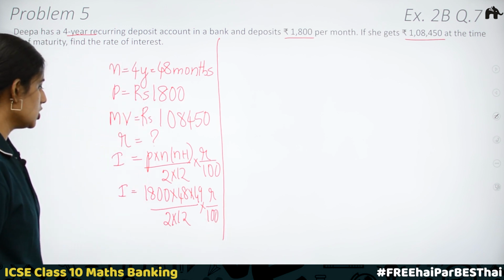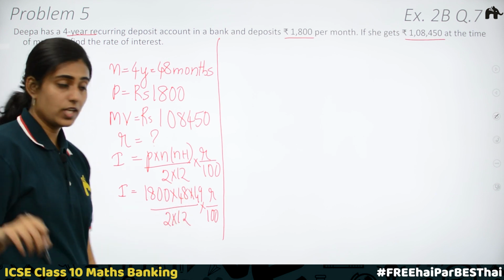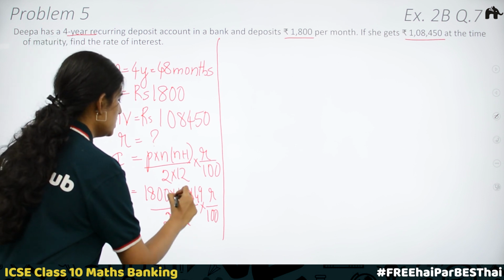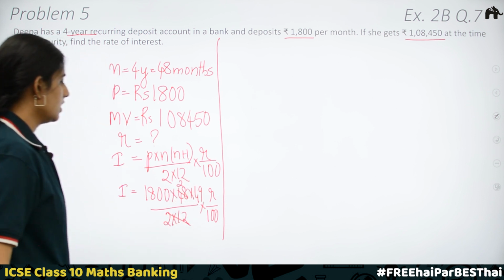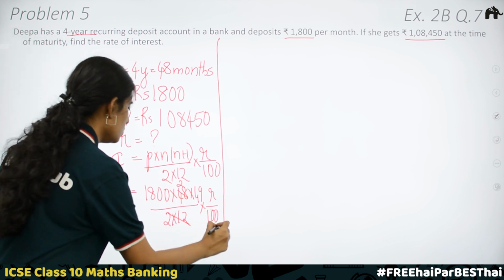Now do the calculation. 2 into 12 is 24. 24 into 2 is 48. So this can be cancelled. You will be getting 2 here. Zeros can be cancelled.